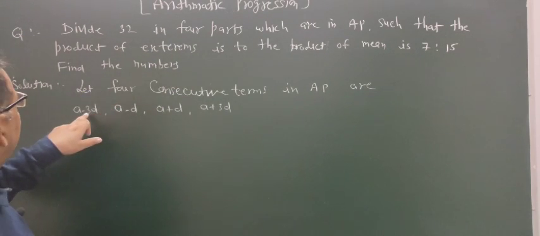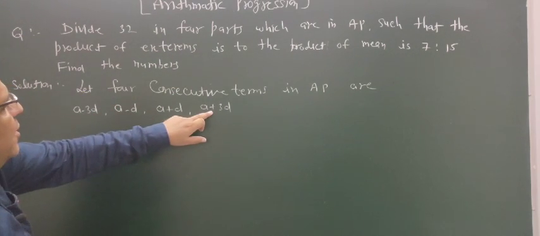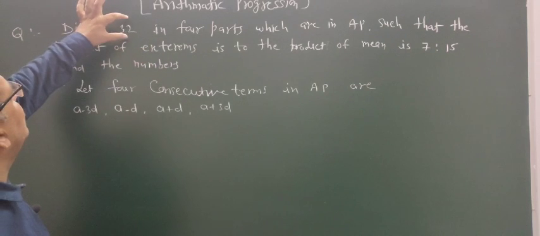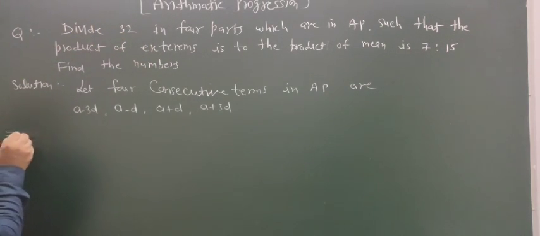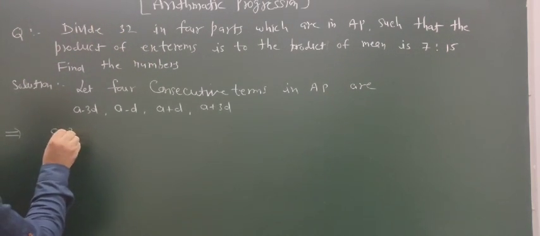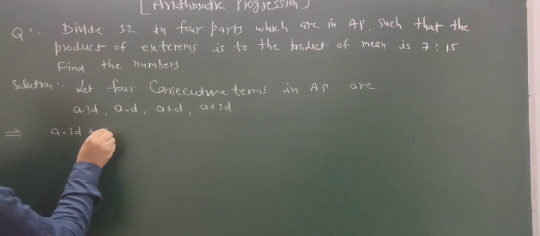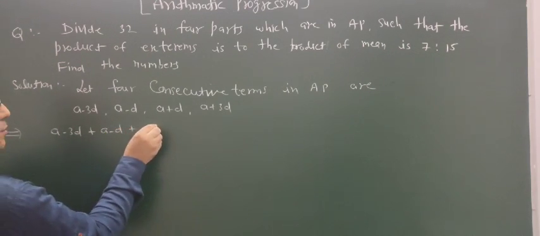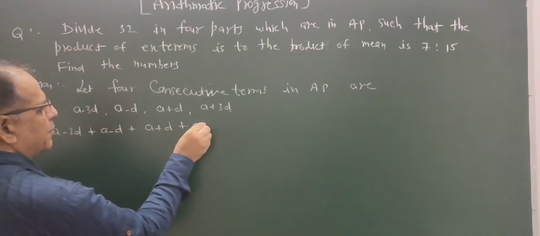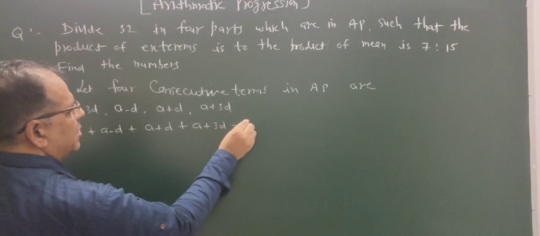Now, these 4 terms have a sum equal to 32. So we have a minus 3d plus a minus d plus a plus d plus a plus 3d equal to 32.